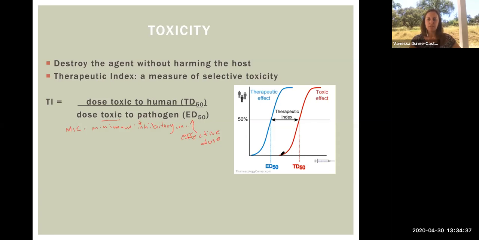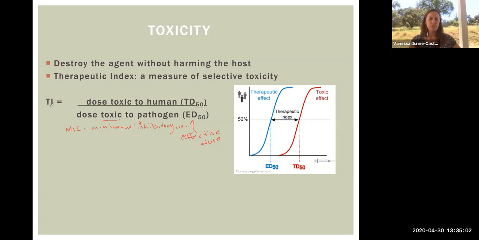And so this would be established from trials where you would show that at increasing concentrations, there begins to be some toxicity, either direct or indirect toxicity to the human. And again, the number that would be plotted would be toxic dose 50, right? So in 50% of the population, that's when toxic effects are evident.